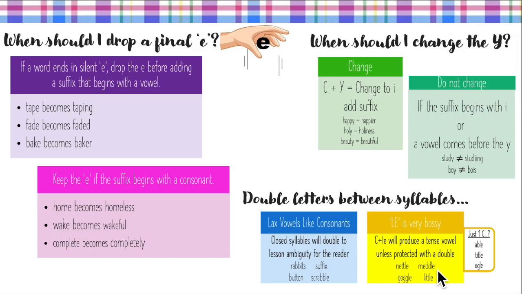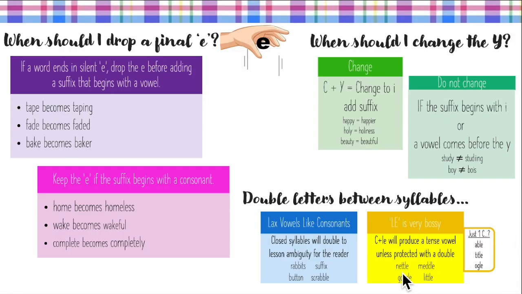So things like nettle, metal, little, those guys you're going to want to have a double letter in there, just because we want to have that protection from those long vowel sounds kind of meddling with it. Then, when do I have just one? Well, things like able, title, ogle, they're not as tense. Those are just some things to remember, okay?